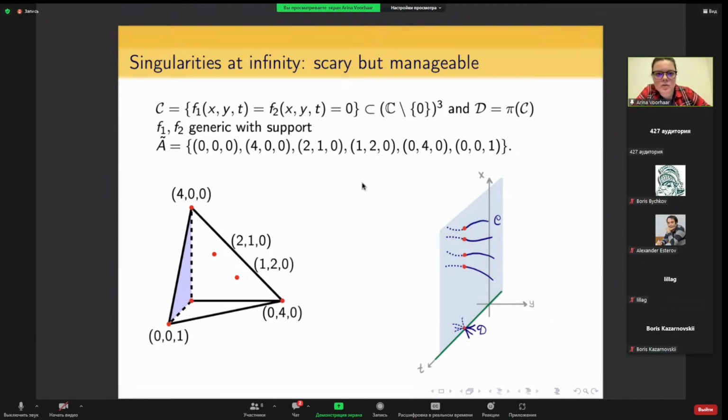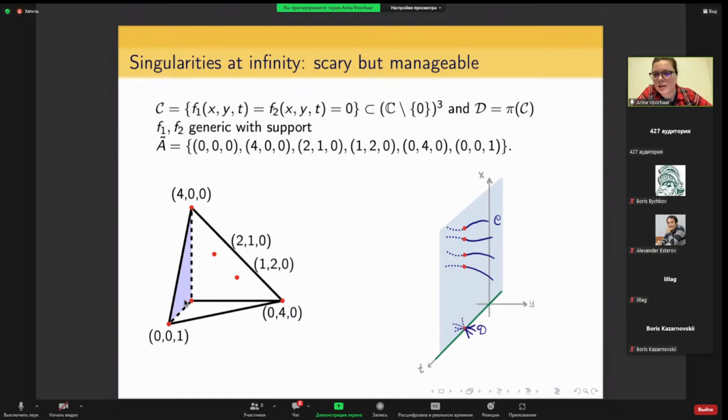So in order to do that, you basically have to substitute y equal to 0. And you get a system of two equations in x and t with Newton polytope, which is this triangle. And the number of the solutions of the system is going to be the volume, according to Bernstein-Kushnirenko, of this triangle. So it's going to be 4.